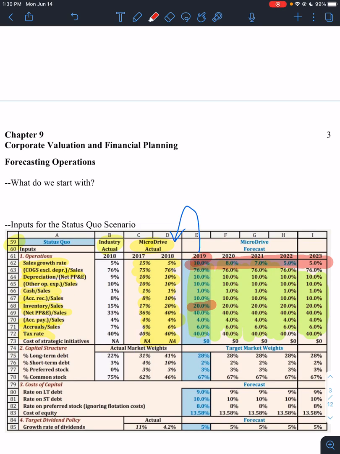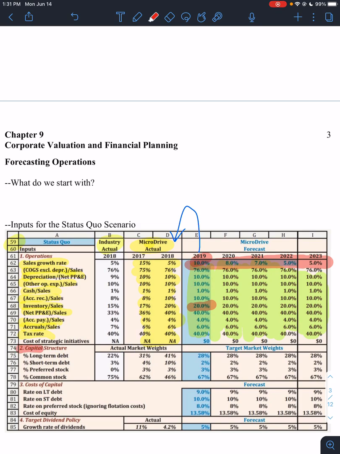I need my inventory to increase by 20% of the sales increase. But at least I don't have to go out and explicitly forecast inventory, right? If everything's just based off of sales, all I have to do is get a good sales growth estimate and everything else kind of falls into place. It's kind of clever. It's efficient. So that's this first panel up here.